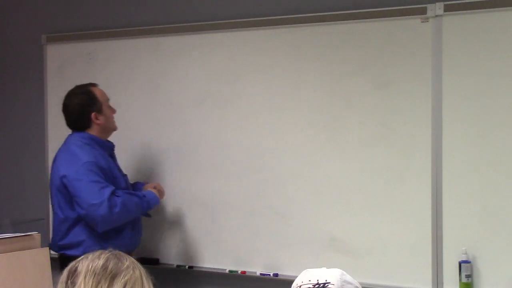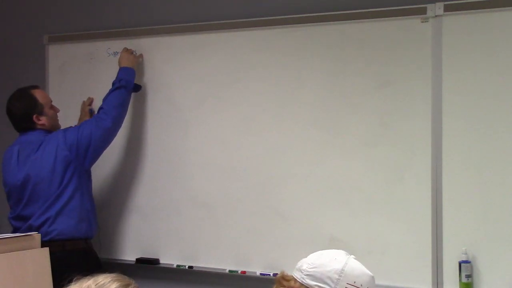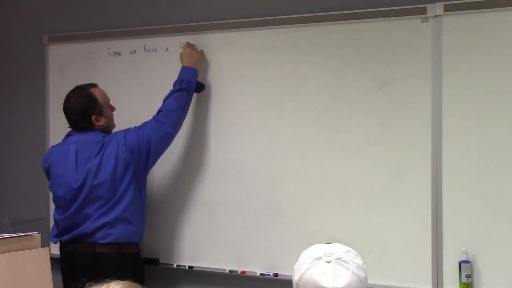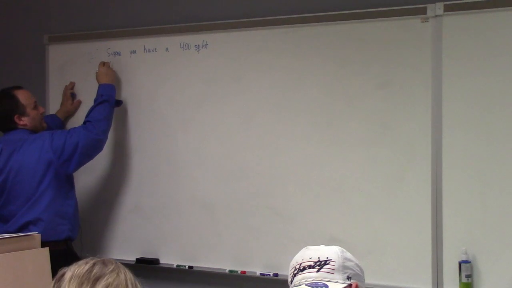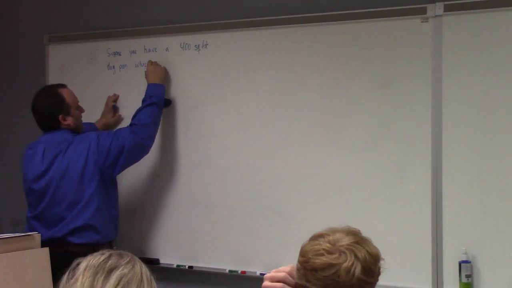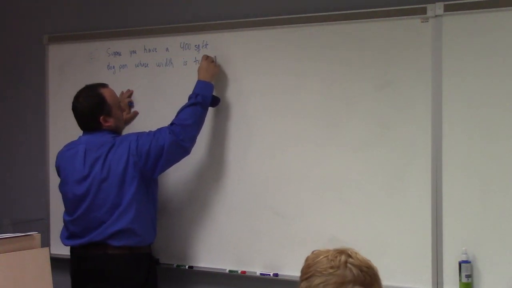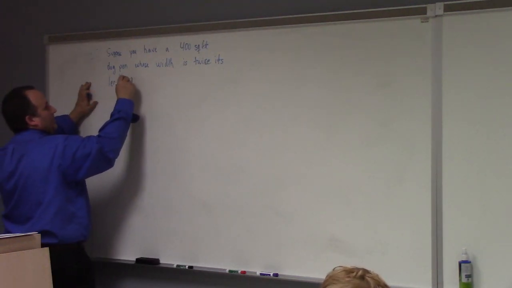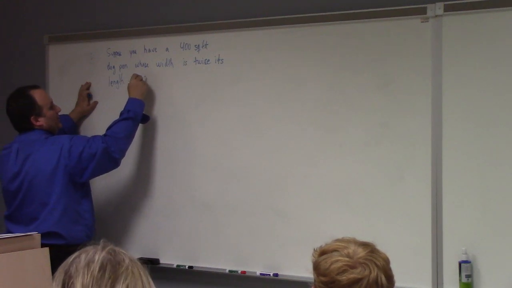Example 1. Suppose you have a 400 square foot dog pen whose width is twice its length, and 2 more feet.